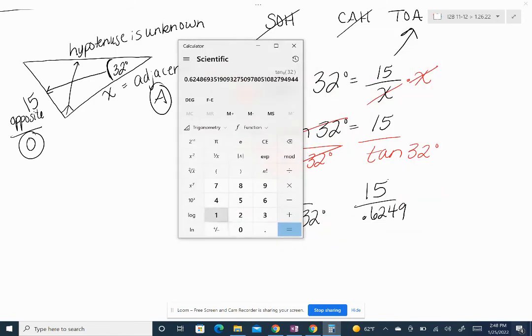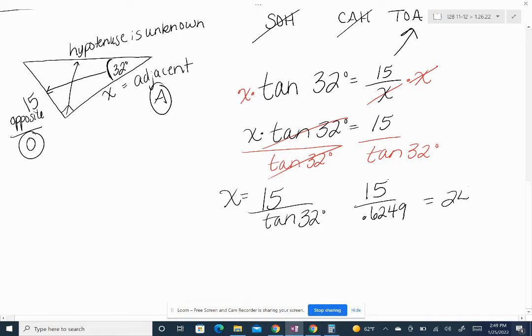Okay, so I'll do 15 divided by 0.6249, and that gives me 24. And I'll just say 24.0 because there are some decimals after. So this adjacent side, this X right there, would be 24 is the length measurement, okay?